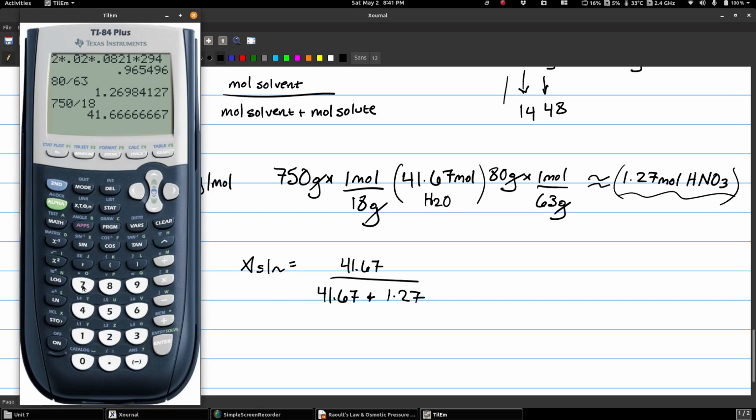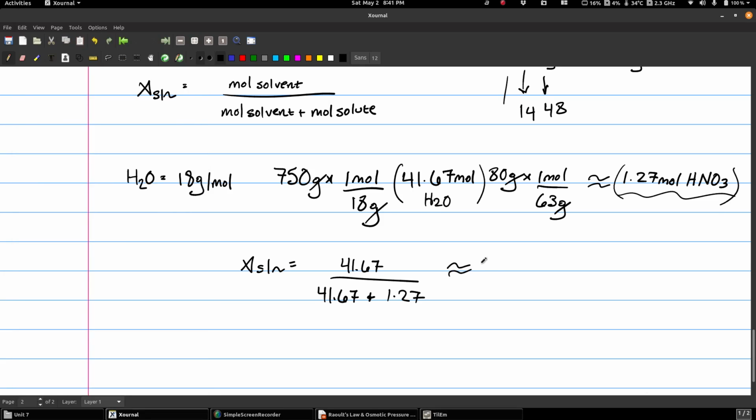So if you want, you can use the actual values. Doesn't matter. It's not going to change the answer that much. So your mole fraction is 0.997. That was a horrible 9. Let me redraw that.